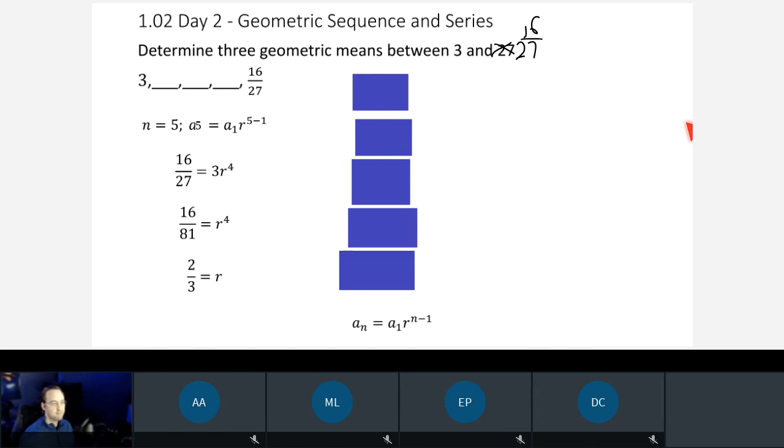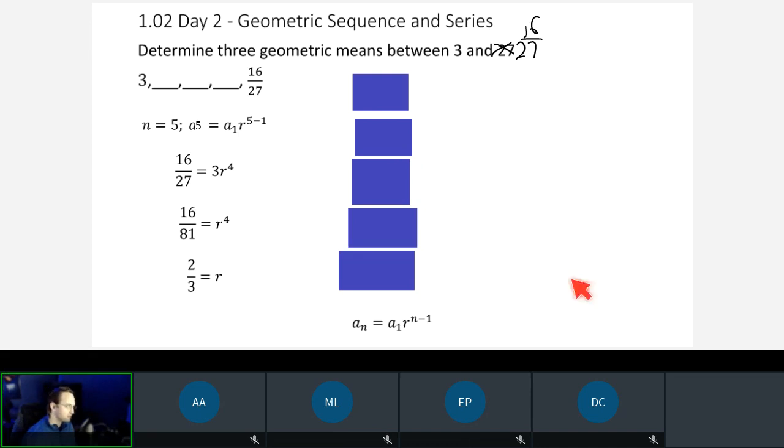All right. So how do we find these missing terms? What do I do? So one person says plug it in, I'm guessing to that formula on the bottom. Someone else says multiply the first one by the ratio.